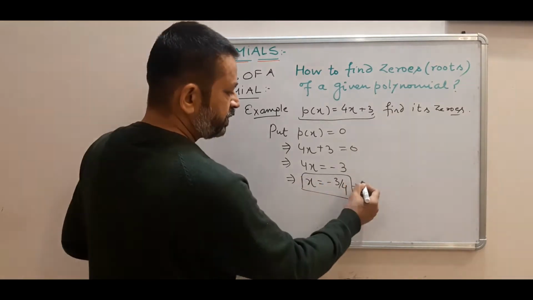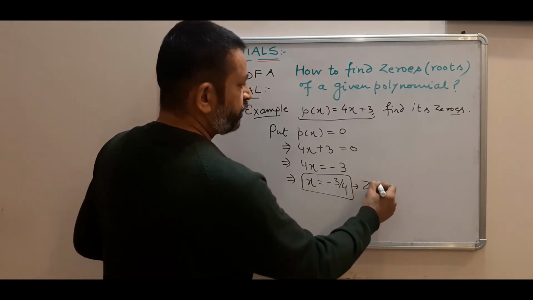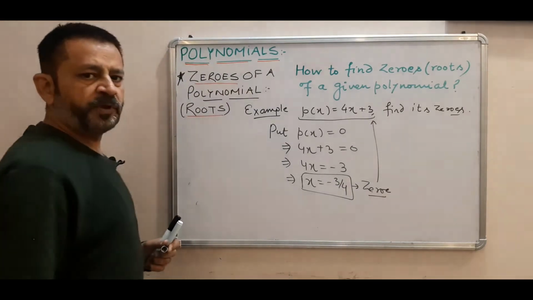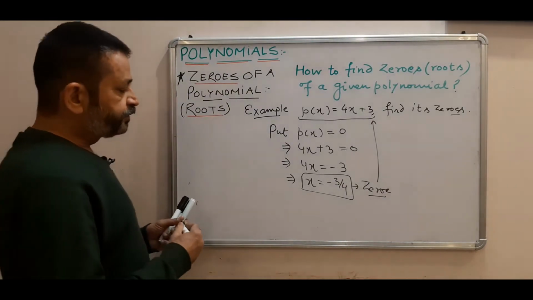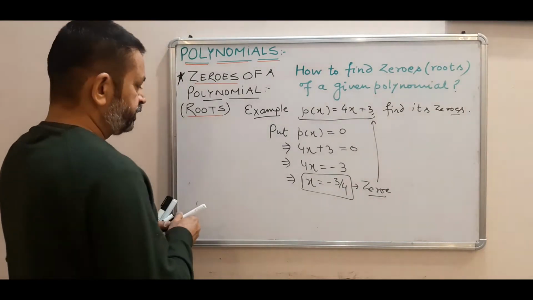This is the zero of this given polynomial. So in general, suppose we have a linear polynomial ax plus b.